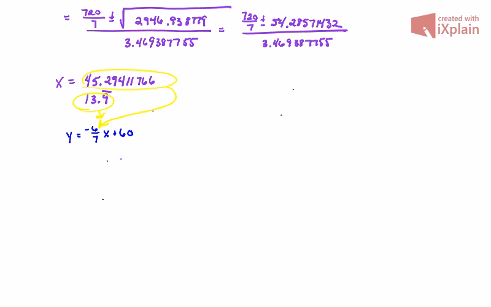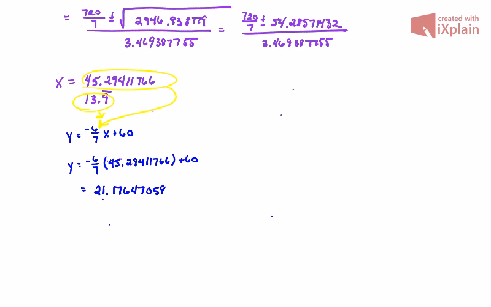So at this stage, let's go ahead and put those in. If we do y is equal to -6/7 times 45.2941176 plus 60, I will get an output of 21.1764758.